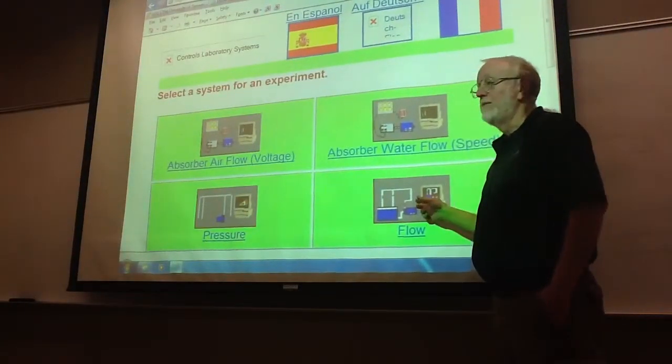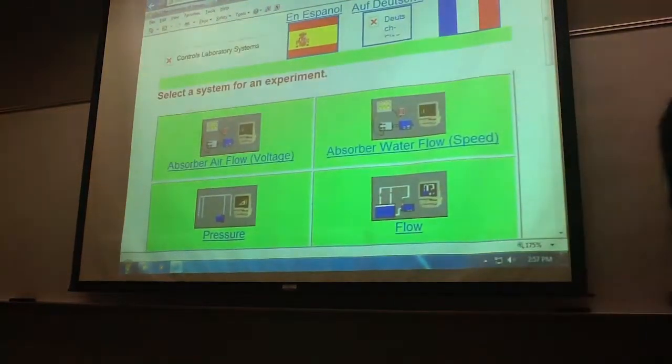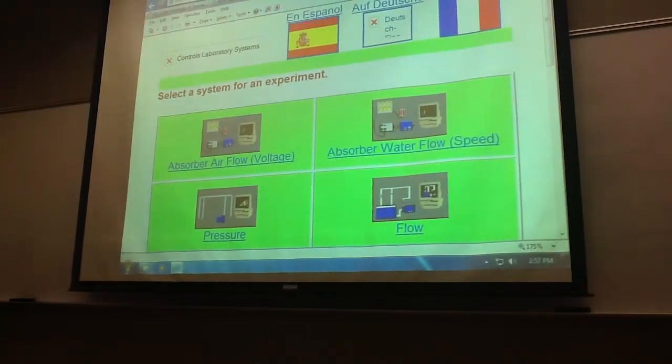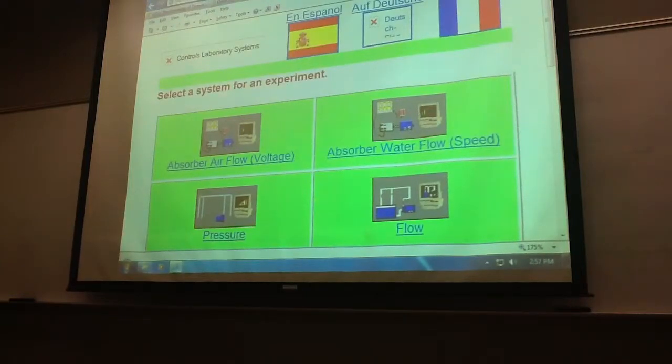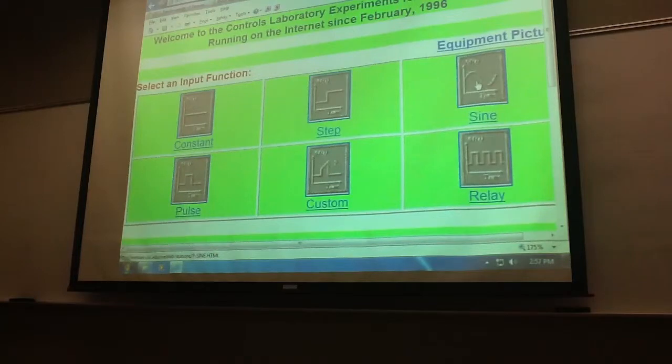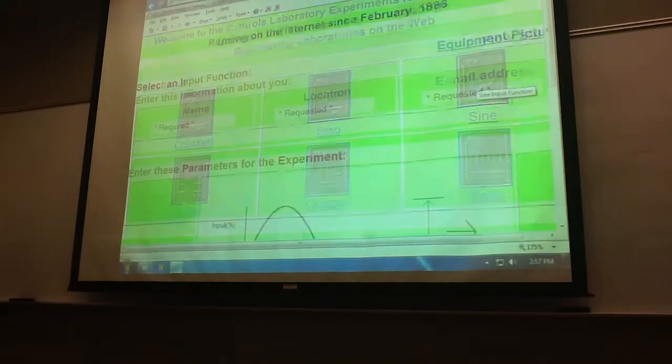Let me run flow. Flow seems like an interesting one. You have flow back there, right? What's your initial frequency? 0.2. I'm going to run sine.